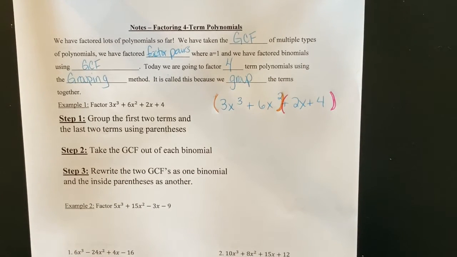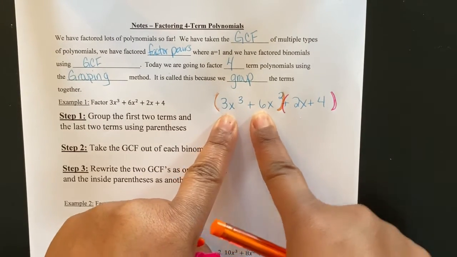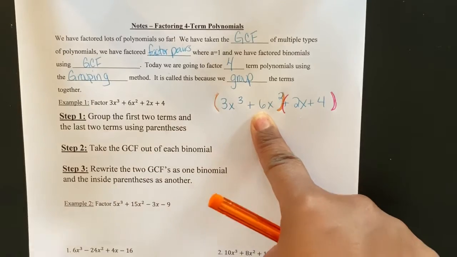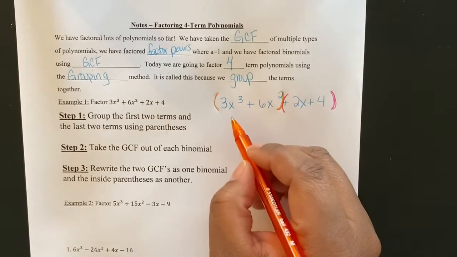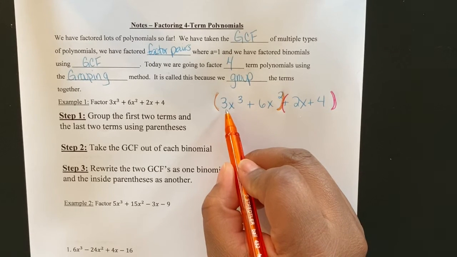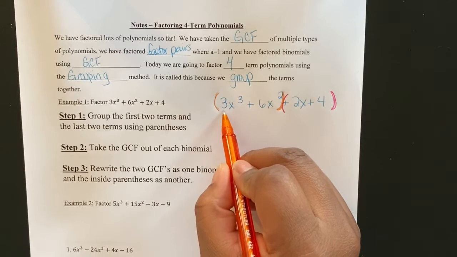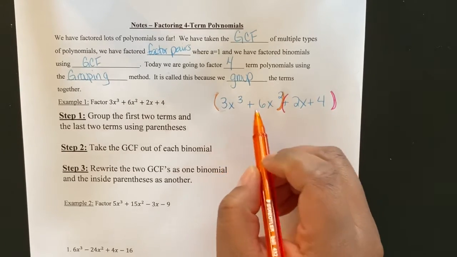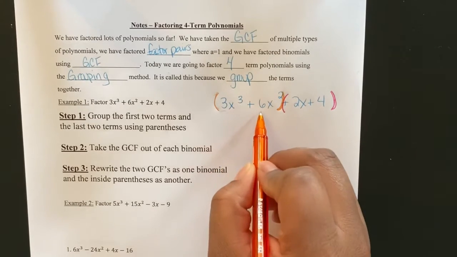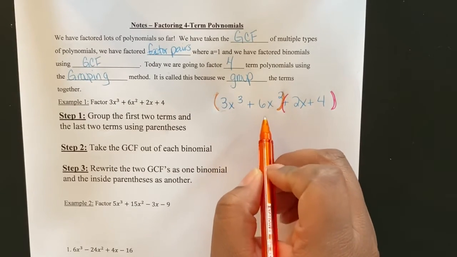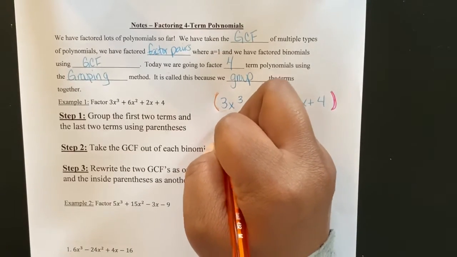Next up, take the GCF out of each binomial. So here we say each parentheses has two terms, therefore it's a binomial. So I'm going to take the GCF out of each binomial. Okay. Now, the GCF should be the largest factor they have in common, including the numbers and the variables. What's clear here, the largest factor that 3x cubed and 6x squared have in common is 3x squared.